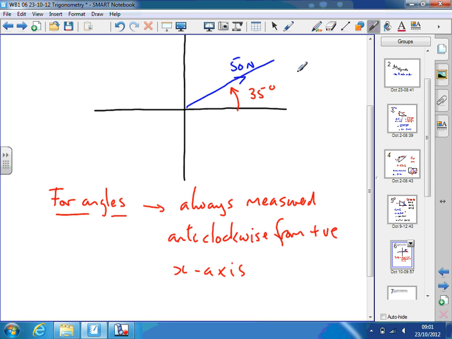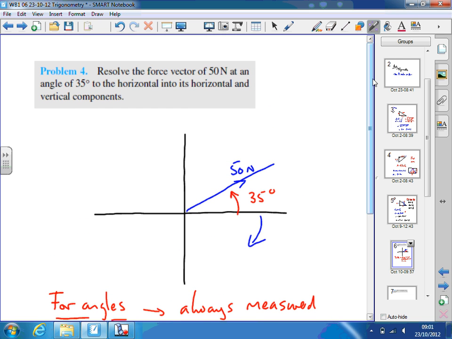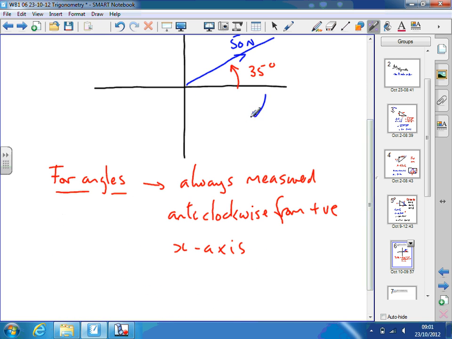I'd go around clockwise, negative 35 degrees to here. So if somebody had asked me to resolve a force of 50 newtons at an angle of minus 35 degrees, that would have told me I've got to go around clockwise because the force would have been down there.